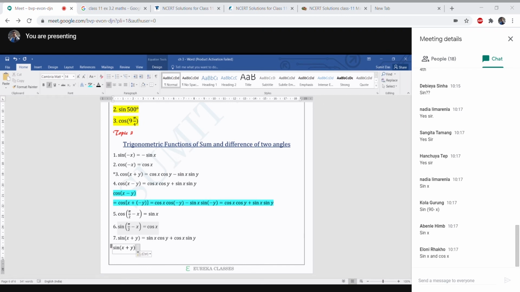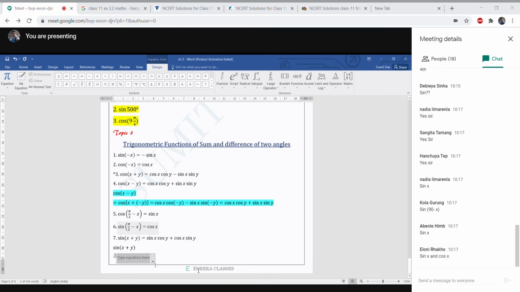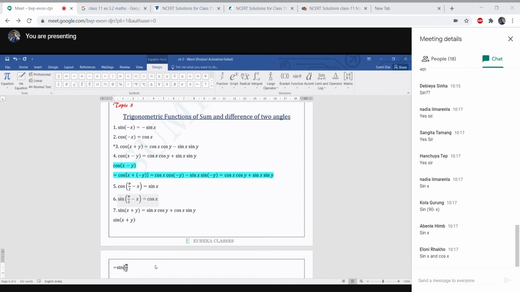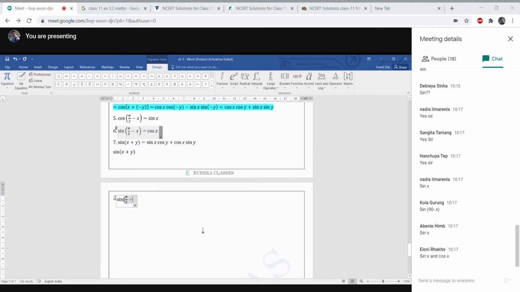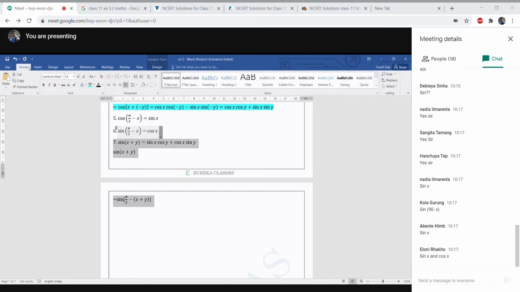So sin(x plus y), we can write it like this: sin of pi by 2 minus x plus y, right? Sorry, it will not be sin, it will be cos.